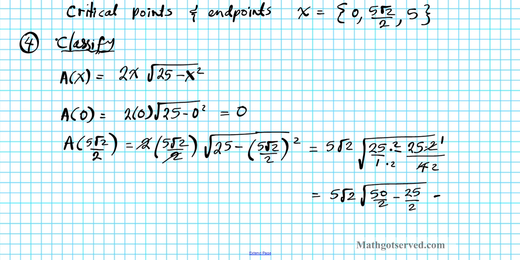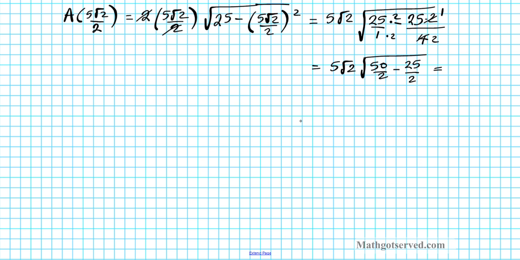And then that gives us 5 root 2 times the square root of 25 over 2. We know what the square root of 25 over 2 is, right? Because I think we got that answer earlier somewhere.